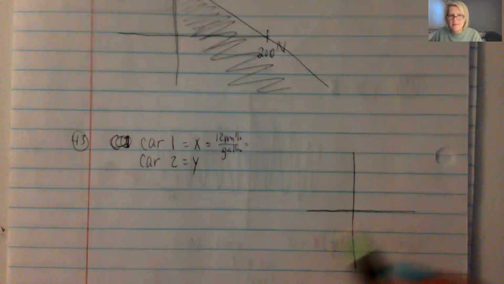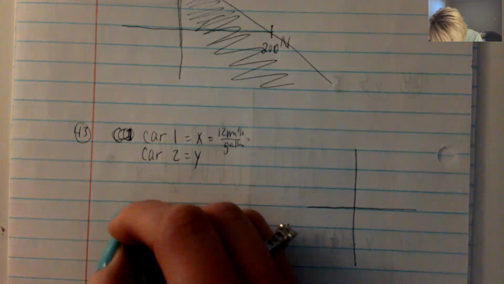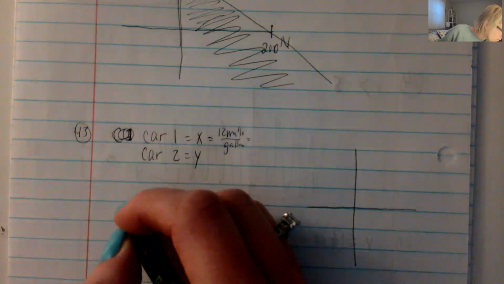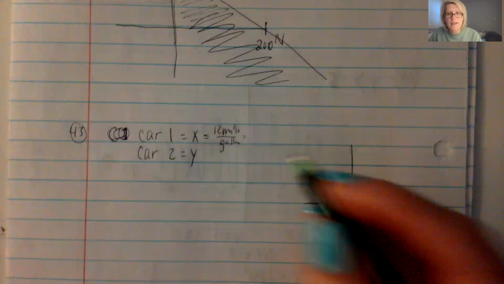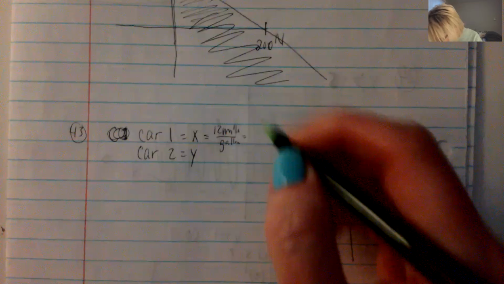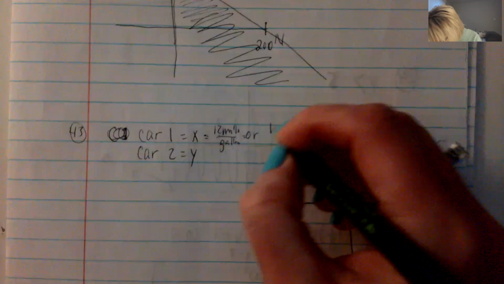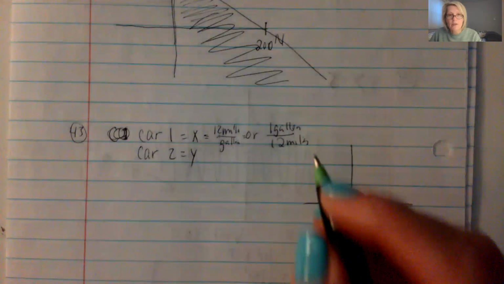But we want gallons. They said that we need to have gallons plus gallons, right? We need to have the gallons equal 30. So because we're controlled by gallons, we need to have the gallons in the numerator. So I'm just going to flip this. This is 12 miles per gallon, or we can write this as 1 gallon for every 12 miles. That's how we're going to write this.